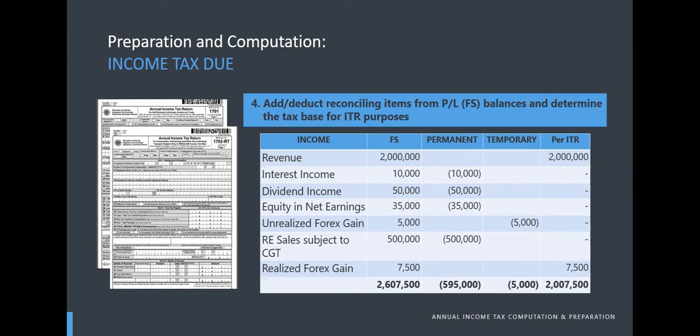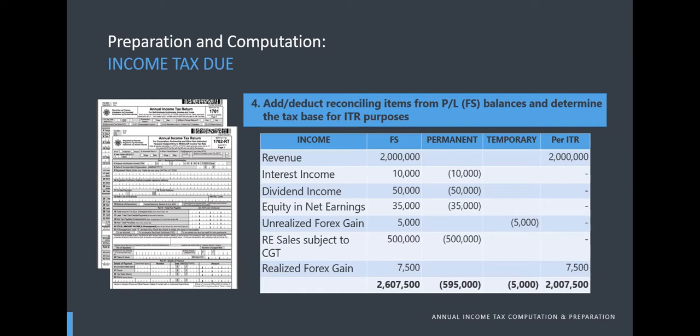Here in this example, interest income is subject to final tax. That's why we remove the 10,000 from the total taxable income for tax purposes.